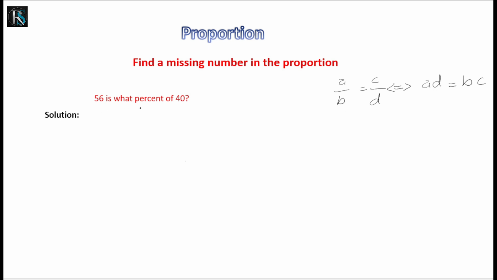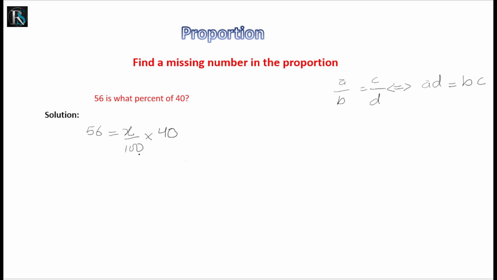So first of all we will use here the tricks and we will convert it into this form. So that would be 56 is equal to what, unknown variable, any variable we can choose here, percent 1 upon 100, of multiplication, and the 40 as it is.